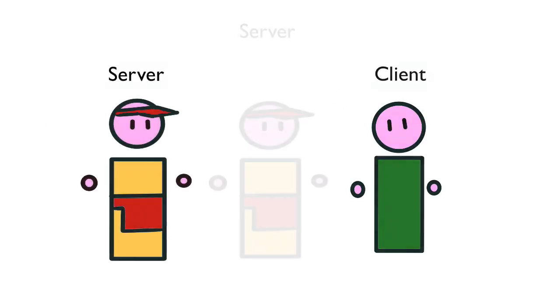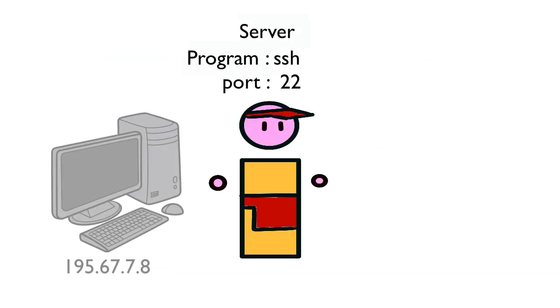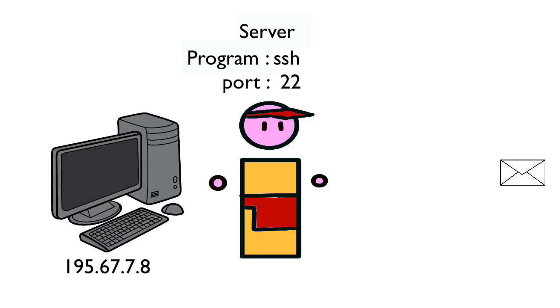You might have also heard the terms client and server. A server is a program running on a specific port of a certain machine waiting for another program, or maybe many other programs, to send a message. Many common services have defined ports. Web pages are typically served on port 80.